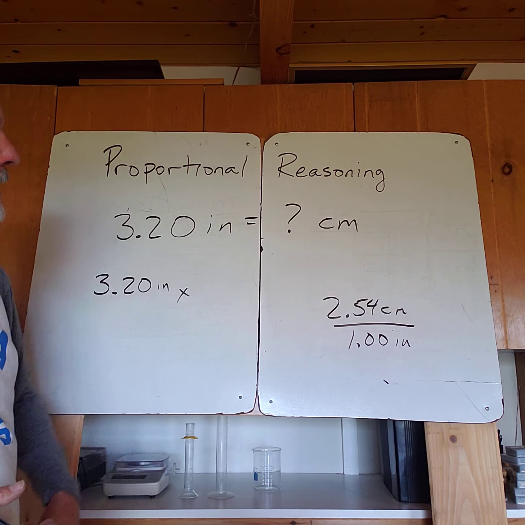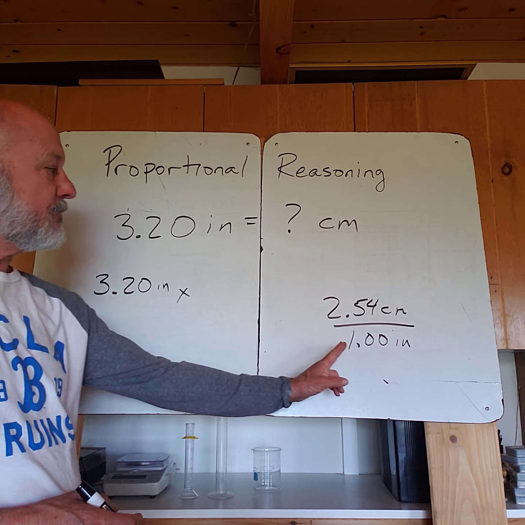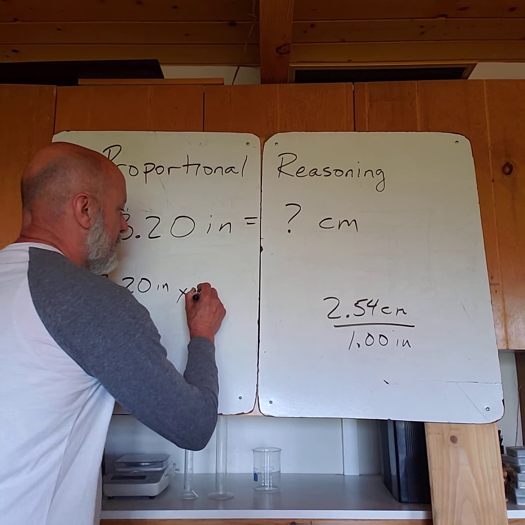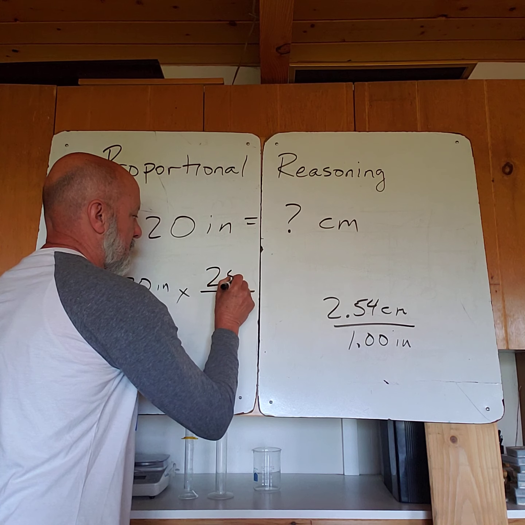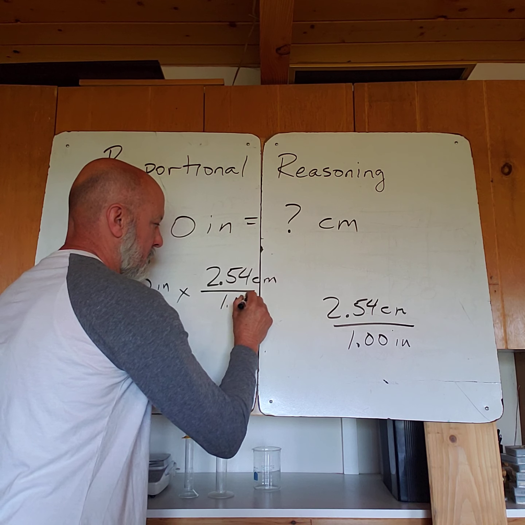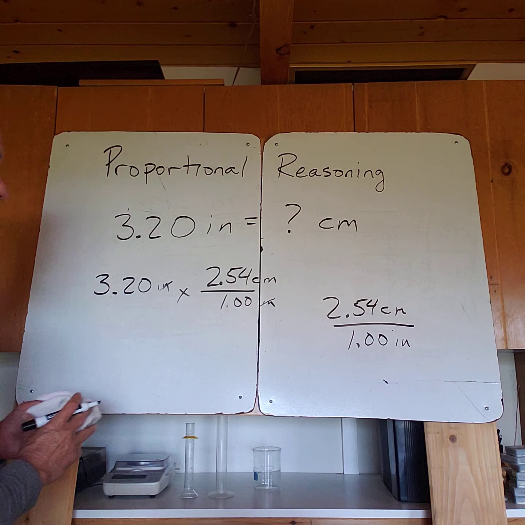Multiply it by 1 to get out of inches and into centimeters. So I'm going to use this relationship because when I multiply, the inches unit will cancel. And I will multiply that through. The inches cancel. I'm into centimeters.